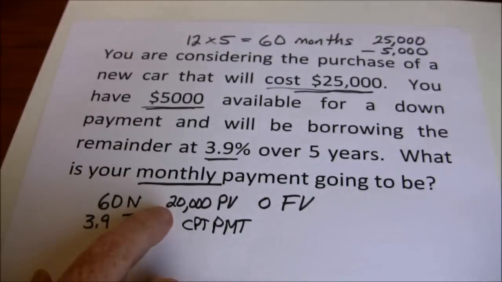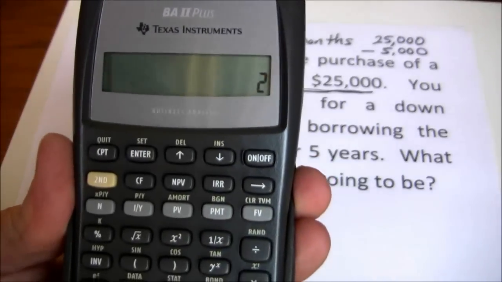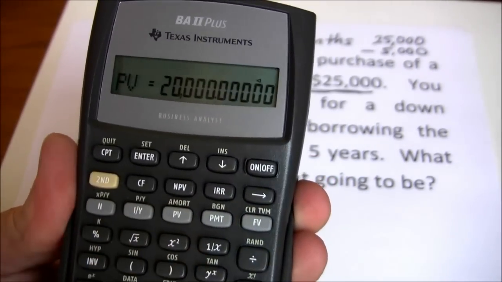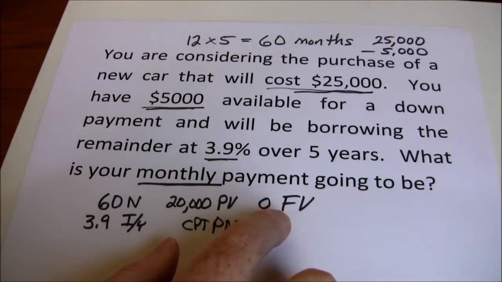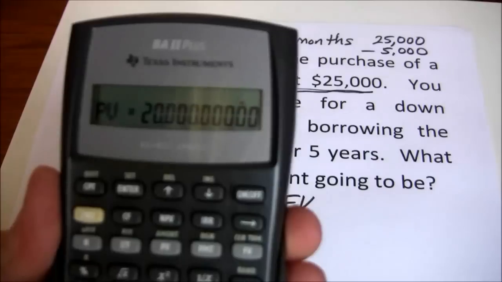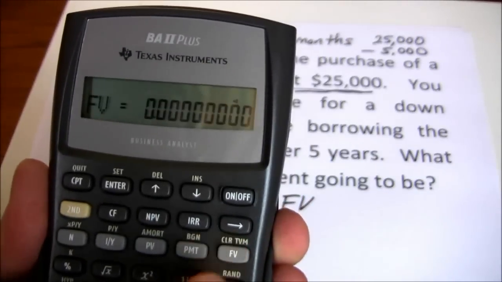Our present value was the $20,000 we were borrowing. Remember, the purchase price minus the down payment. So we borrowed $20,000 today in order to buy the car. We don't owe anything after the last payment is made. There's no future value. So zero out the future value.